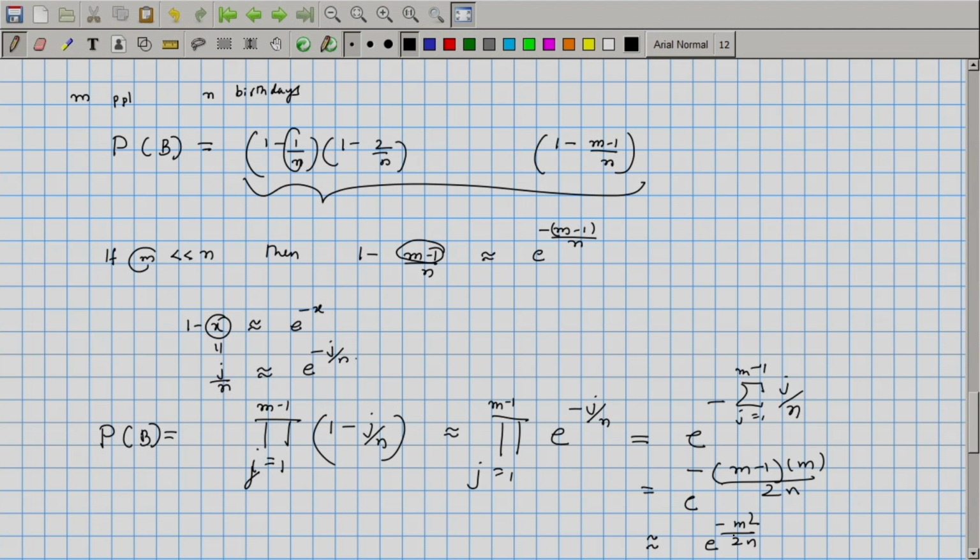So, in the general situation, probability of B is approximately equal to e raised to minus m square by 2n.